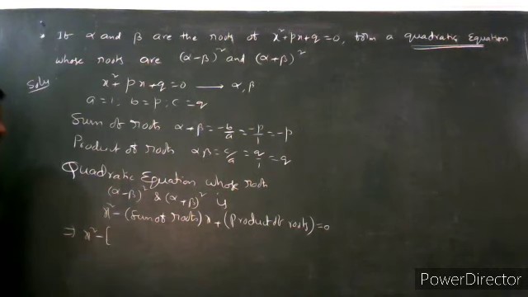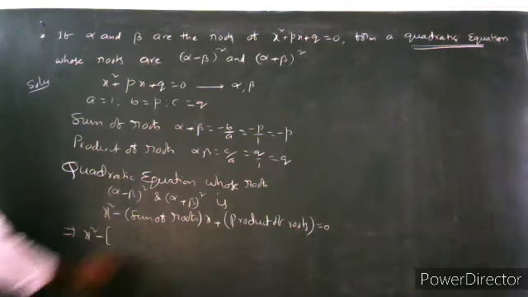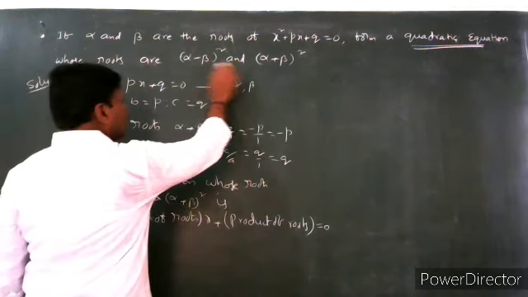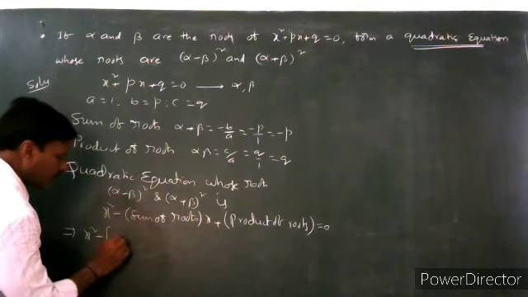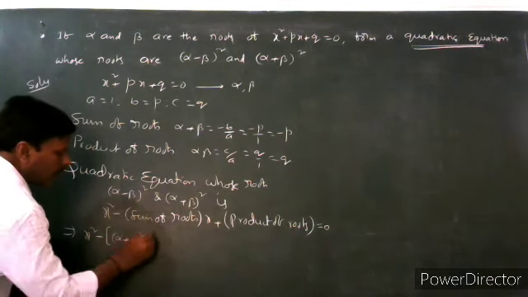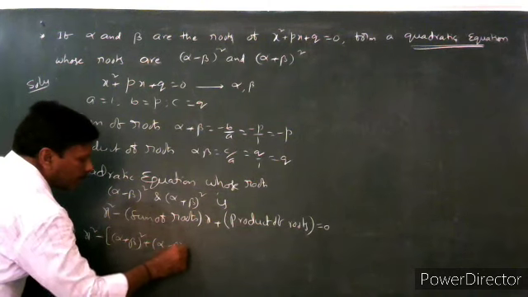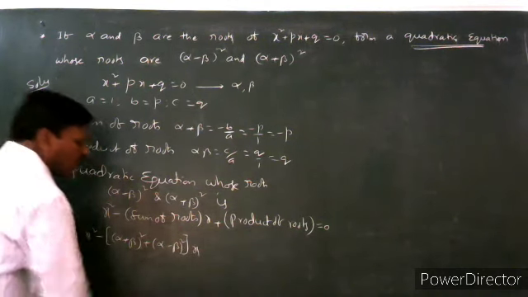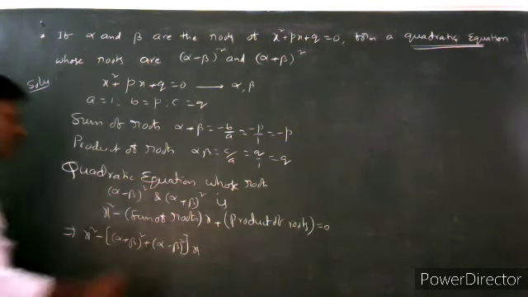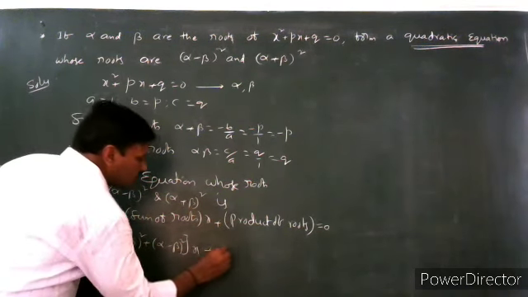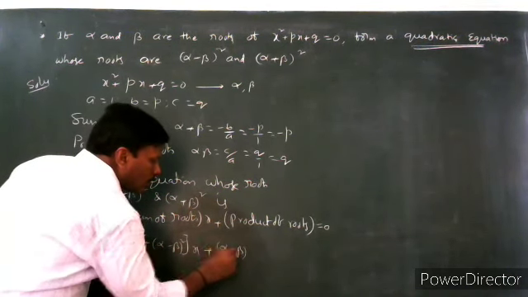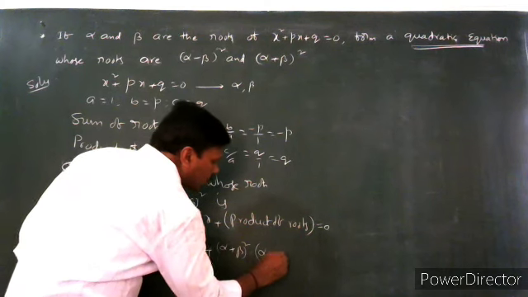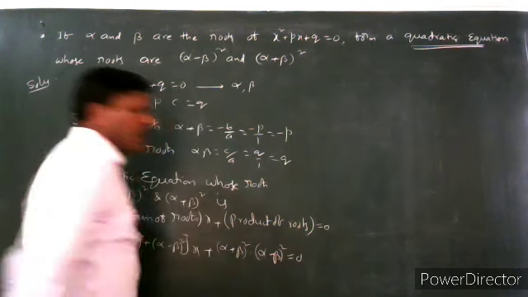x square minus of, what is the sum of roots? One is alpha minus beta whole square, another one is alpha plus beta whole square: alpha plus beta whole square plus alpha minus beta whole square, into x, plus product of roots, alpha plus beta whole square into alpha minus beta whole square.